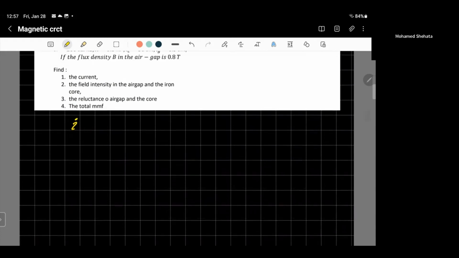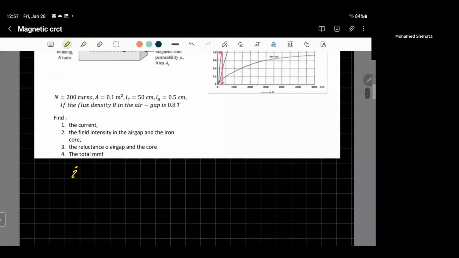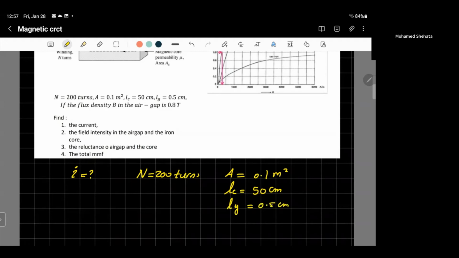And that's given. Just look at what's given. Let me just write what's given. We need to find I. It's given N is 200 turns, area 0.1 meter square. L is given, Lc is equal to 50 centimeter. Lg is 0.5 centimeter.